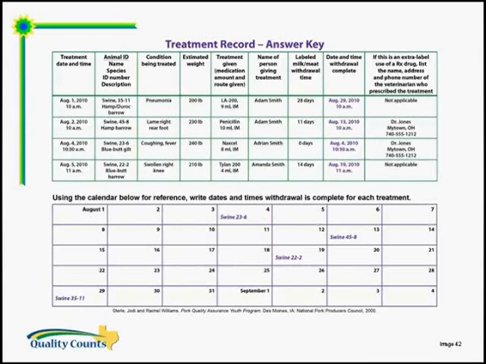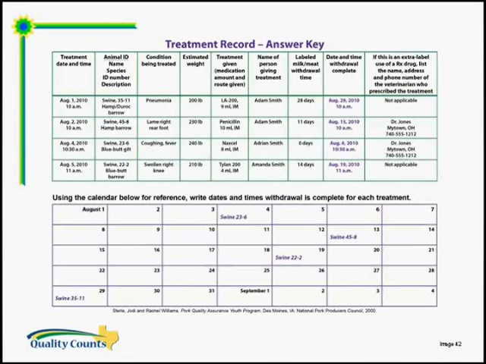Adam Smith administered the medication, and the withdrawal period on that is 11 days. So if we take 11 days from August the 2nd, that means the withdrawal time would end on August the 13th at 10 a.m. And if you look below that on the calendar, on August the 13th, there are some notes there for the swine with the ID number 45-8.